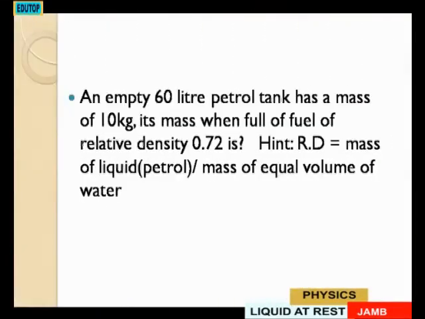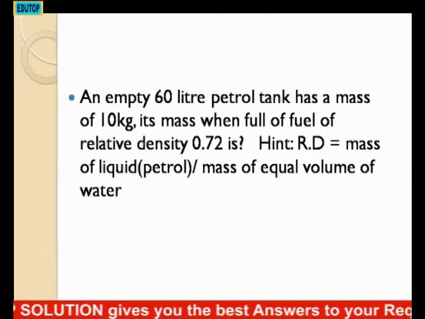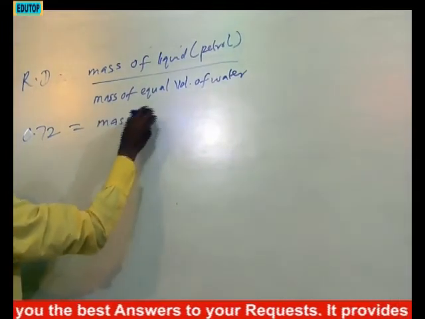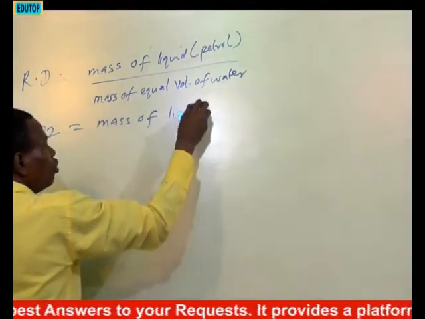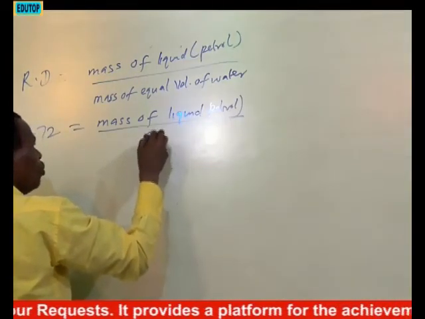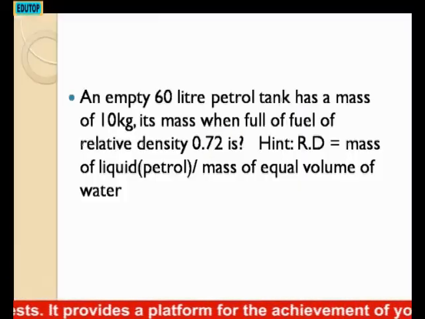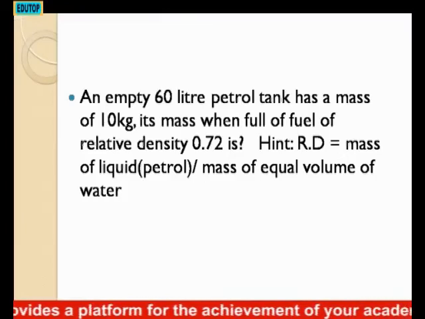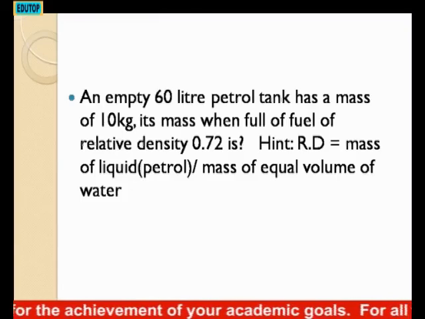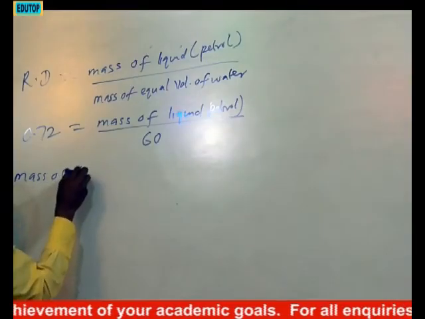If you look at that question, we have been given a value for relative density, which is 0.72. Let's put it there. So we are looking for the mass of liquid, which is still our petrol. The mass of an equal volume of water is going to be 60, because we are told that we have a 60 liter petrol tank. Okay, so let's look at what will be the mass of liquid.